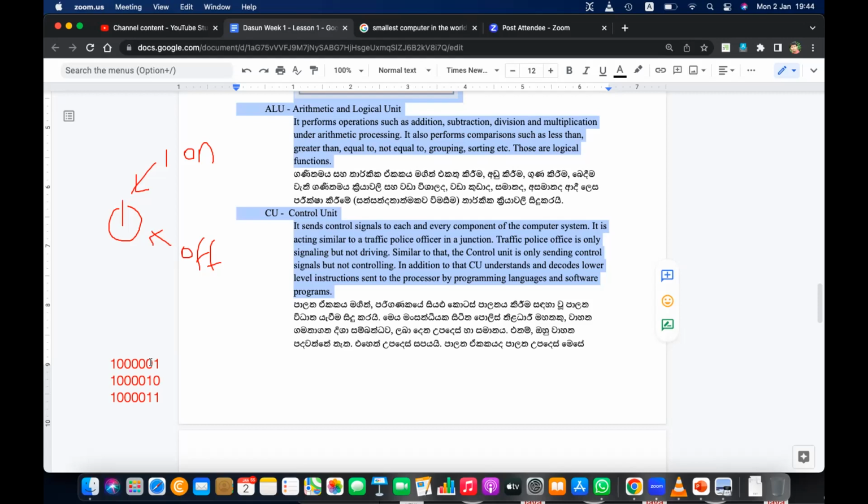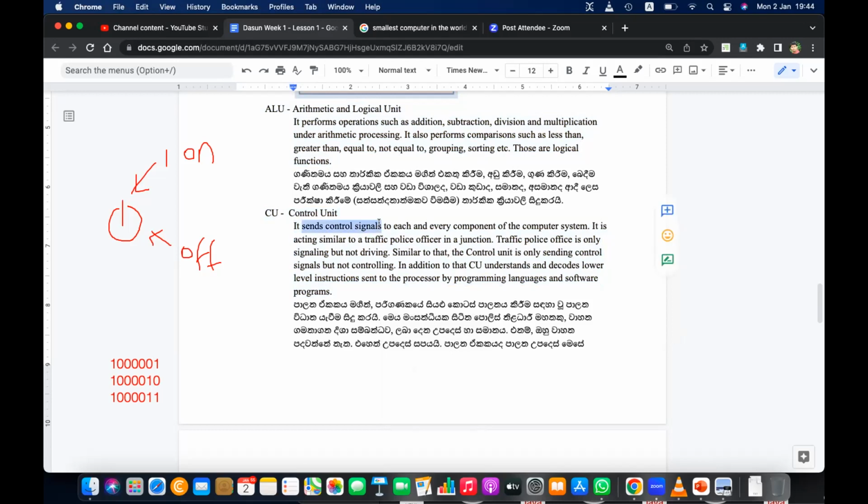So CU has 2 tasks. What are those 2 tasks? Number 1 is signaling, sending control signals. Number 2, understanding machine language. You can highlight these 2 points, right? In case you cannot remember them, better you highlight it. Basically, sending control signals is one task.